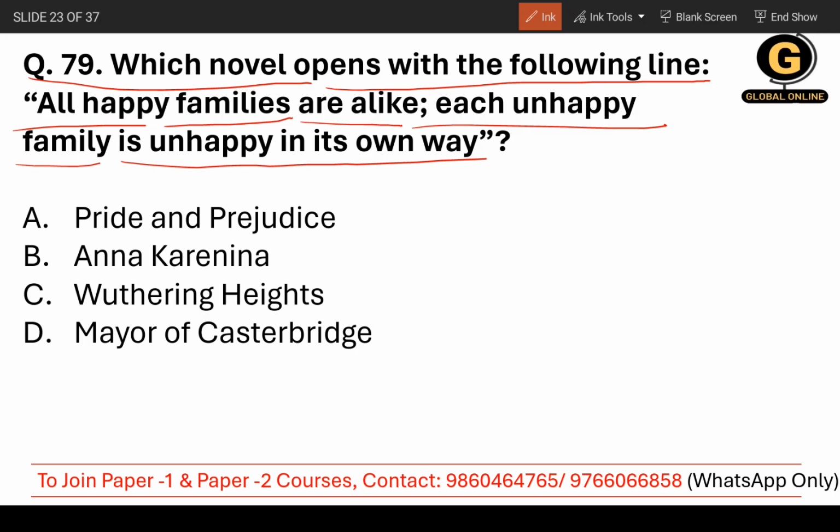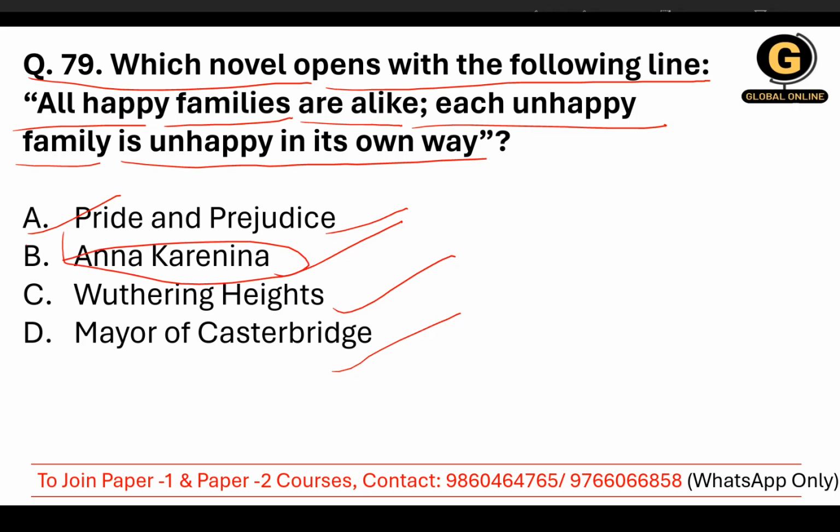So there's a quote. Actually, a novel opens with these lines. So you need to find out the novel. Here the options are Pride and Prejudice, Anna Karenina, Wuthering Heights, or Mayor of Casterbridge. So the correct answer here is Anna Karenina.